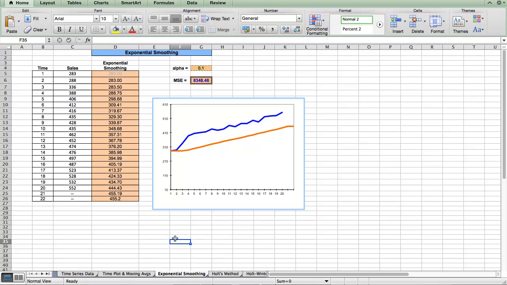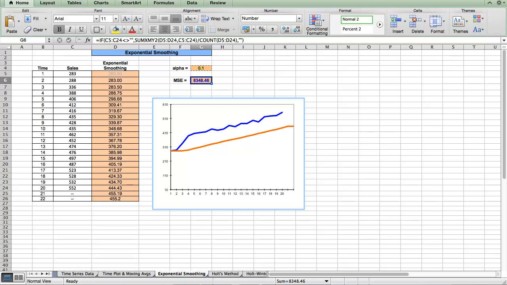We could see perhaps why by optimizing our alpha to minimize the forecasting error, or MSE. Alpha, our smoothing constant, ranges between 0 and 1. And what we would like is for our forecasting model to have a minimum amount of forecasting error.